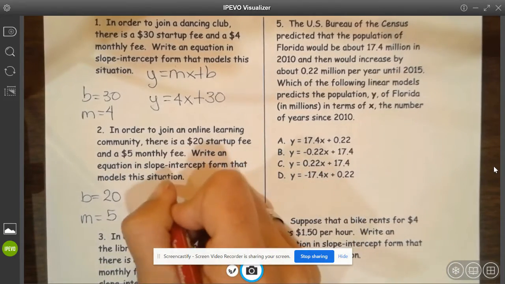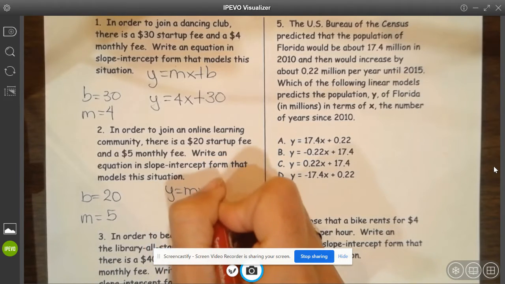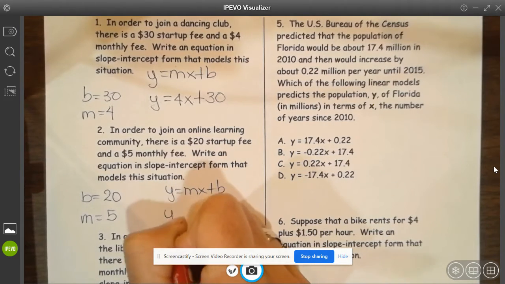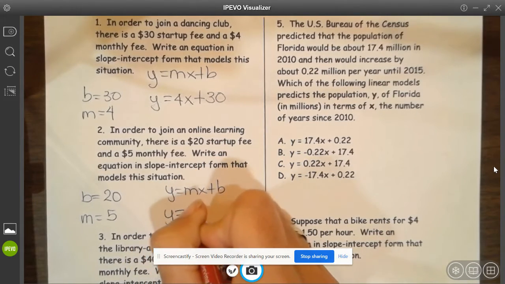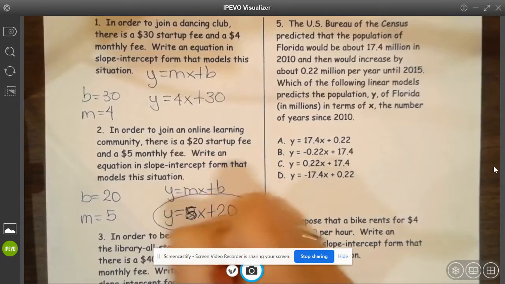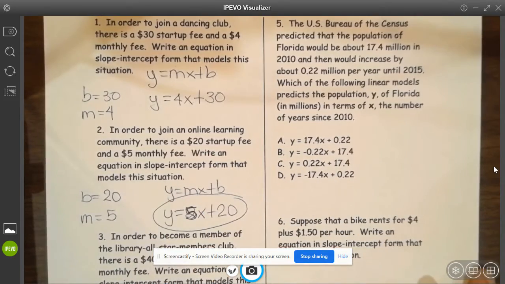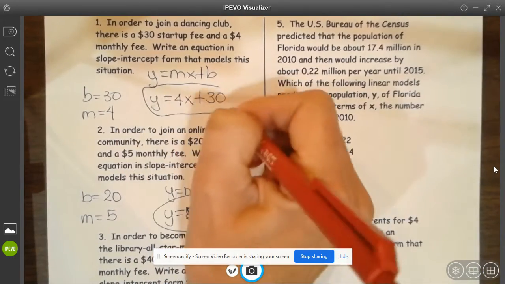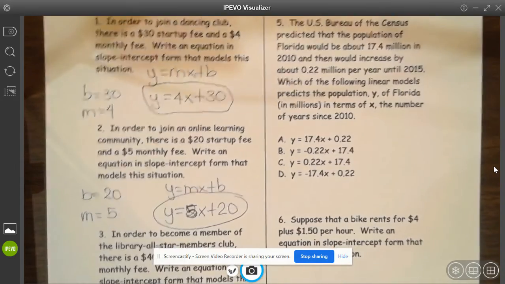So we just rewrite y equals mx plus b. That would be y equals 5x plus 20. And that is your equation right here. That's the answer. All right, let's keep going.